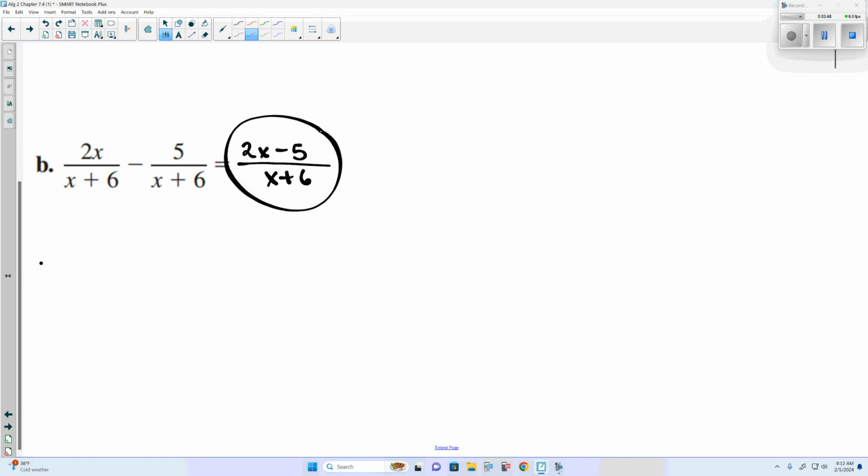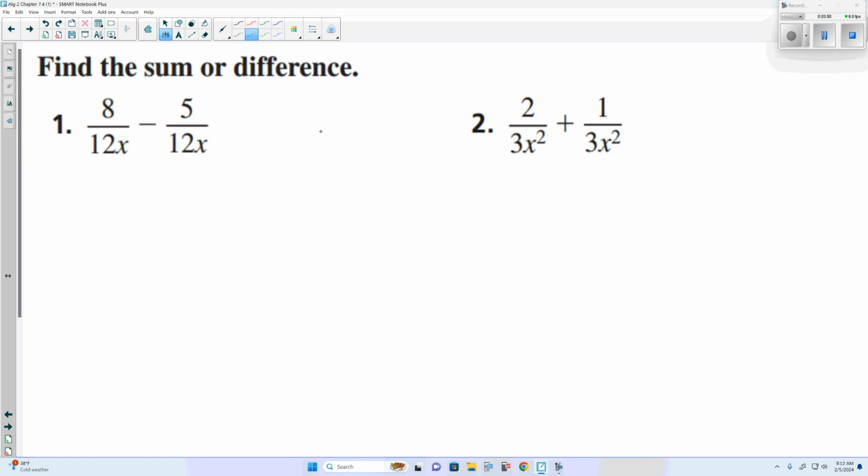We ready for the next one? Now the next one we're looking at is 8/12x minus 5/12x. Simplifying is one thing that we've been doing for quite a long time, and it's very tempting to want to simplify the 8/12x because they both have a common factor of 2, yes, and 4. 4 is the greatest common factor, yes.